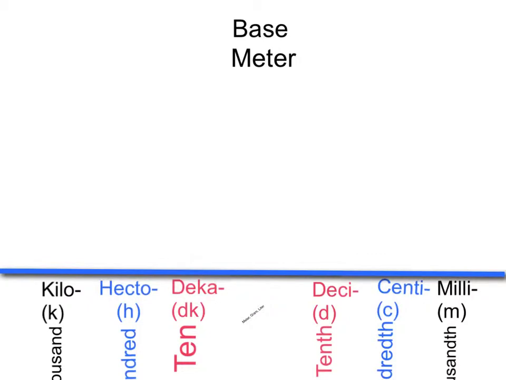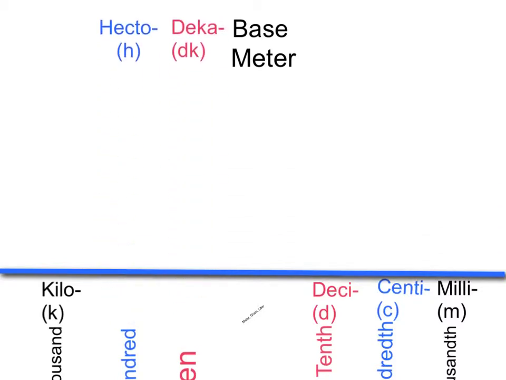There are 3 prefixes to the left of the base that make it bigger, and 3 to the right that make it smaller. The 3 to the left are deca, hecto, and kilo. Kilo is abbreviated with a lowercase k, hecto with a lowercase h, and deca with a lowercase dk. That's going to be an important one to remember.